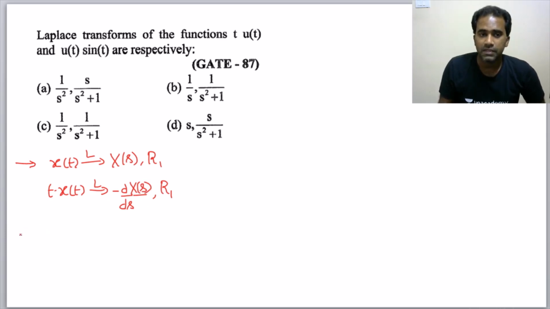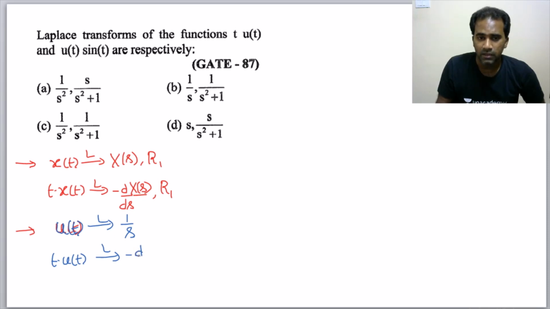Right. So using this property, let us find the result for this question. The u of t Laplace transform we know is 1 by s. Now if you multiply with t, the Laplace transform will be minus d by ds of X of s. If the signal is multiplied with t in time domain, in frequency domain differentiation happens and then a minus sign will be there.